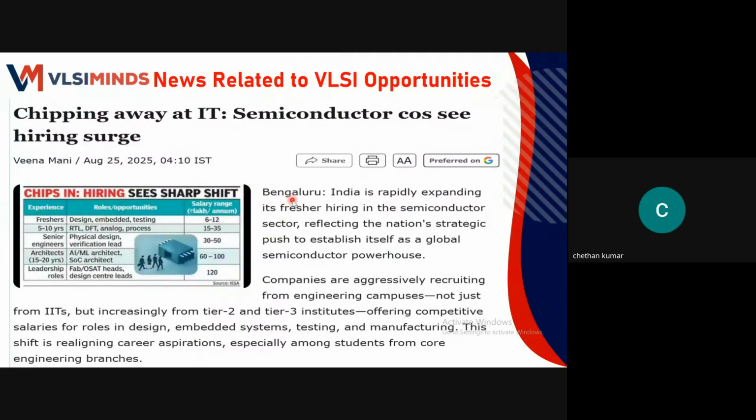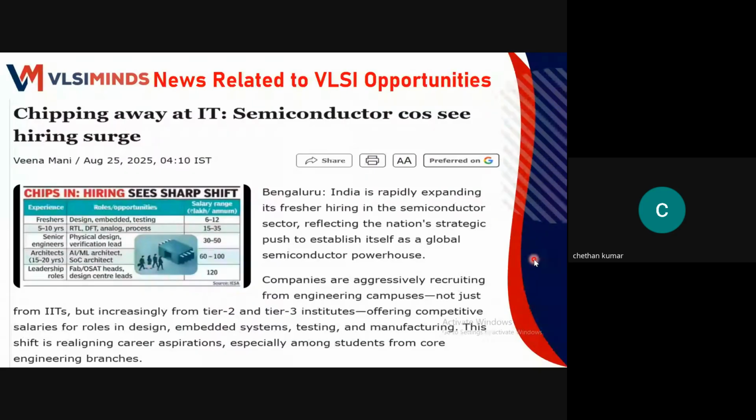This is news I got very recently, because our mindset was that, even if you are from premier colleges, some students may think that since they are not from tier 1 or tier 2 colleges, the VLSI industry looks only for tier 1 and tier 2 institutions. It is not like that.